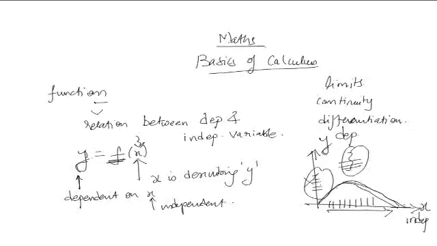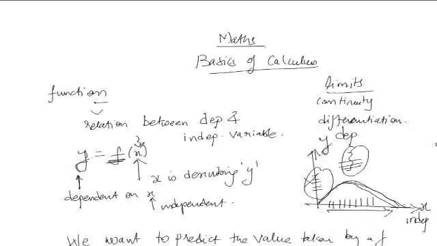Fine. Now let us extend this idea and understand what do we mean by limits, and what are the special cases we will see in different functions. First thing, it all started like this. We want to predict the value taken by a function.